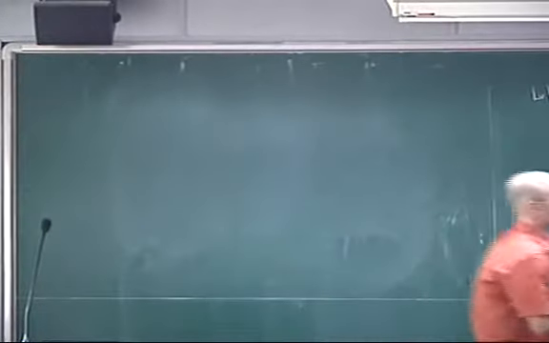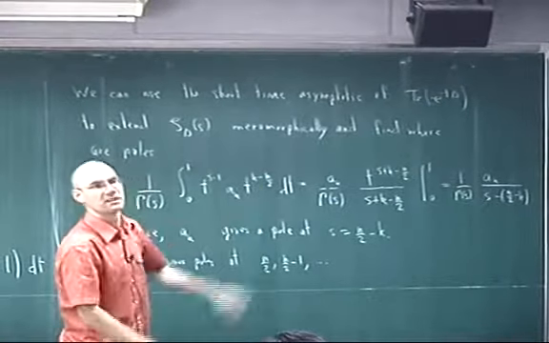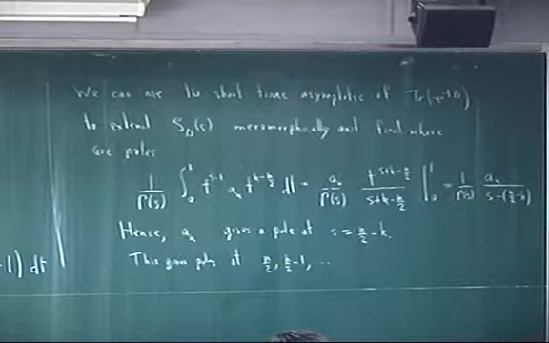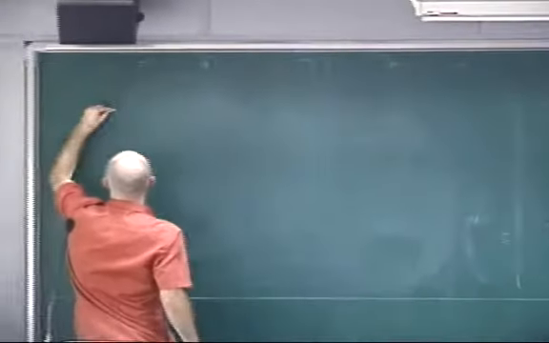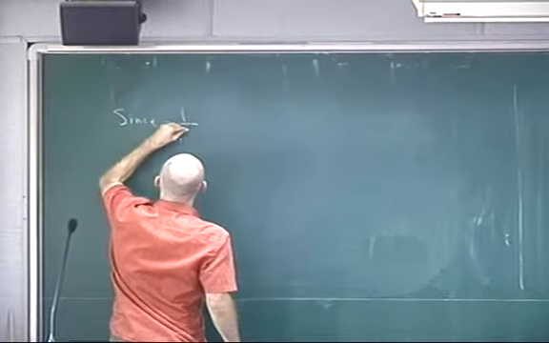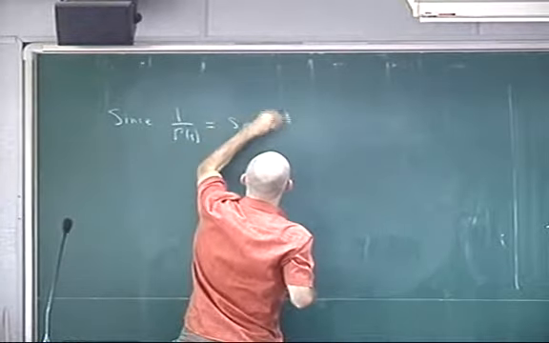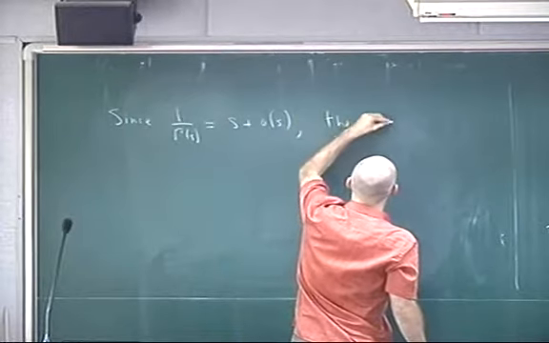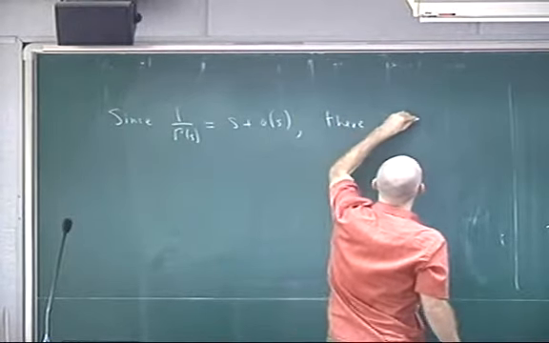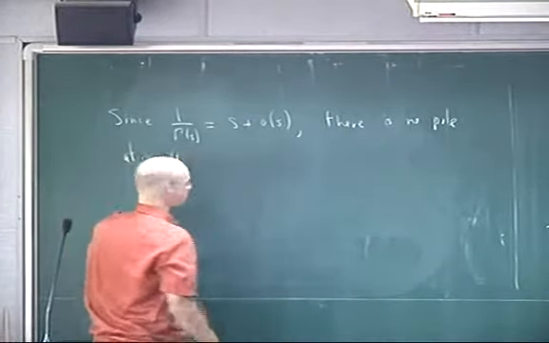Yeah, so to be safe, let's say that there might be a pole. What is the worst that can happen is that there's a simple pole at these places, and there is no pole at s equal to 0, since 1 over gamma s vanishes at s equal to 0.